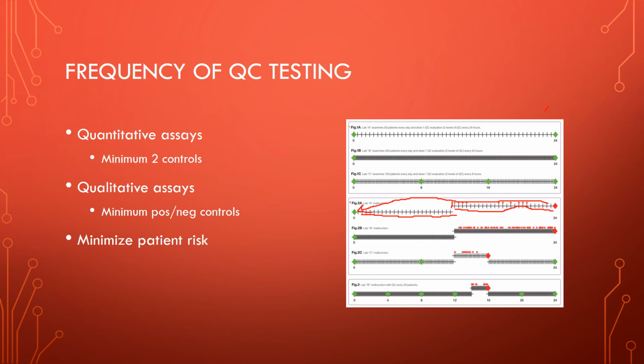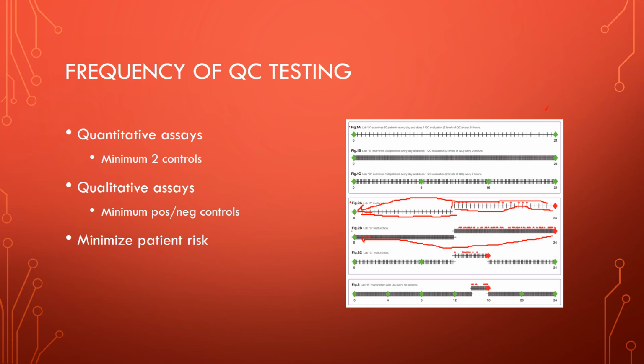In Lab B, it becomes even more because they run so many more specimens. They have to go back to the last time QC worked, and they have to run all of those 300 patients over again. In Lab C, although they run fewer patients than Lab B, they perform QC every 8 hours.